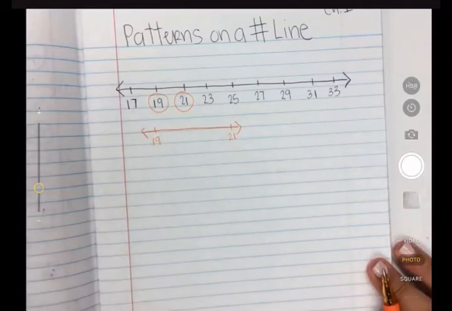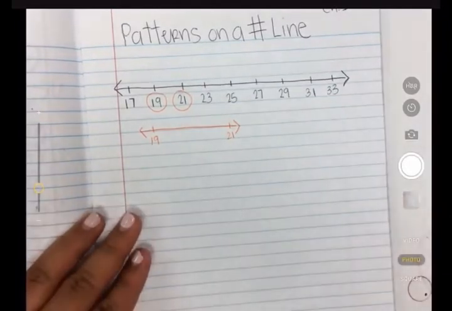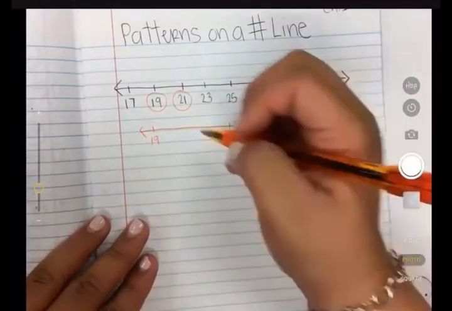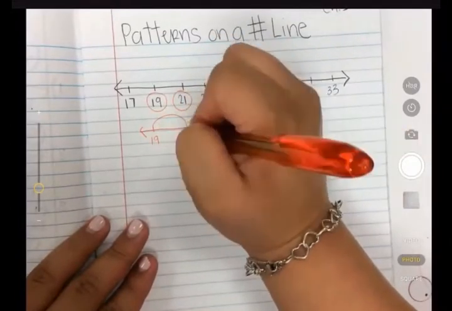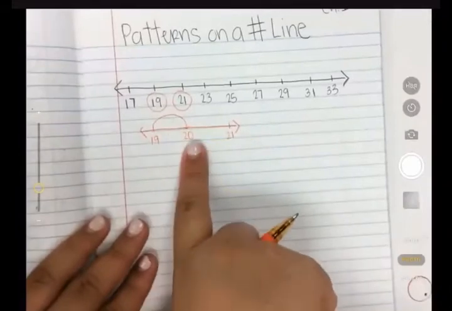So I'm trying to figure out what this number line is counting by. What I'm going to do is hop to see how many hops it takes me to get to my second number. So I'm at 19. I'm going to add a hop. That's 20. Now, how much is that? How much did I hop so far right now?